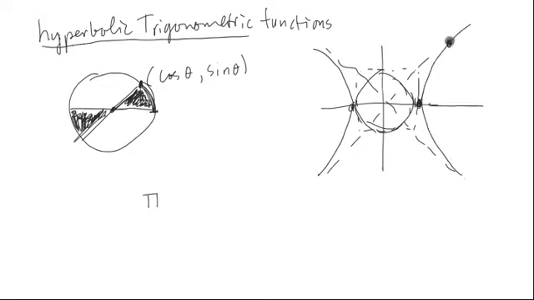Now, if I take a coordinate, I can actually parameterize this by something called cosh, or hyperbolic cosine, but I'll just call it cosh. Cosh of, and I'll use t, and sinh of t. And that can parameterize that point where t happens to be.